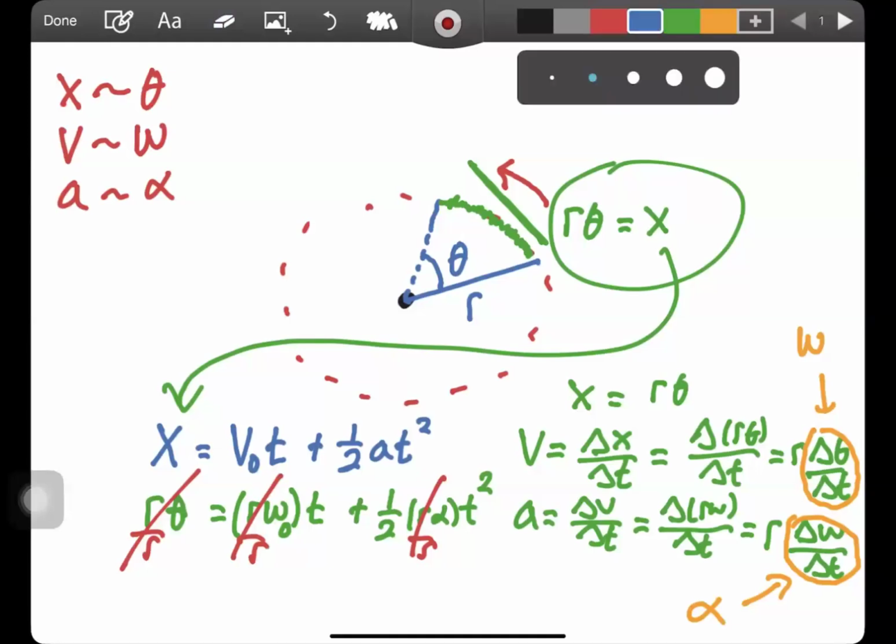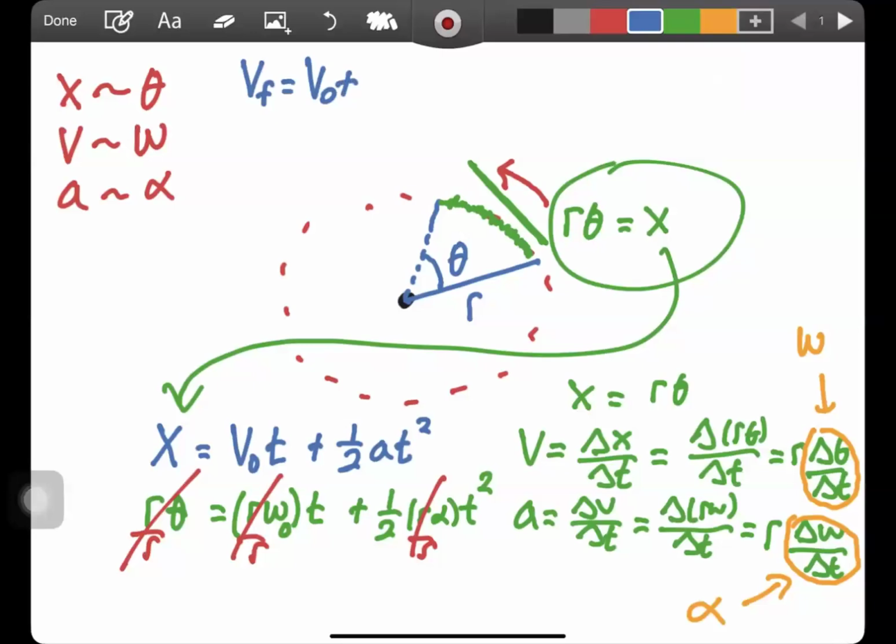So let's say that we have the equation V final equals V initial plus AT. So this is the equation that we learned for how to calculate the final velocity if the acceleration is constant and a certain amount of time elapses. And so I'm just going to use my red legend to make the transformation.